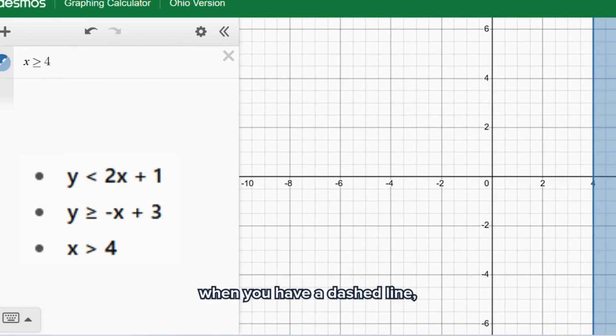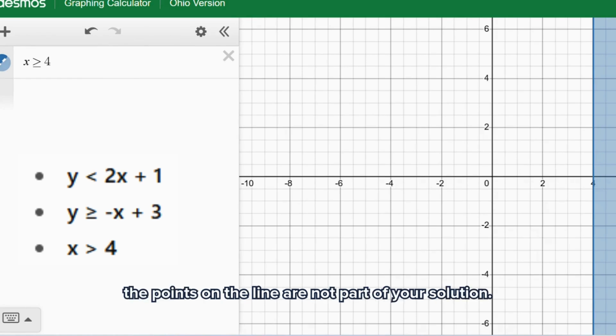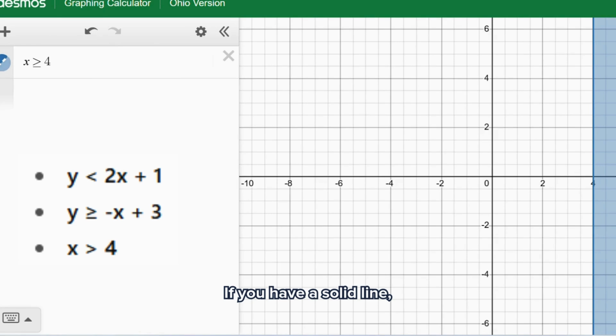So remember, when you have a dashed line, the points on the line are not part of your solution. If you have a solid line, the points on the line are part of your solution. And the shading shows all the points that make the inequality true. So that is it. That is one way you can graph inequalities using Desmos.